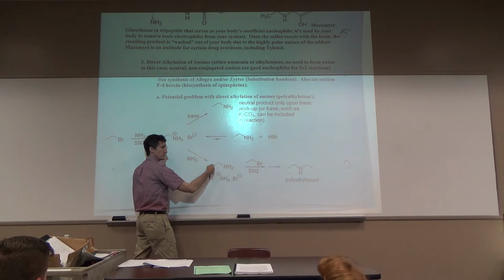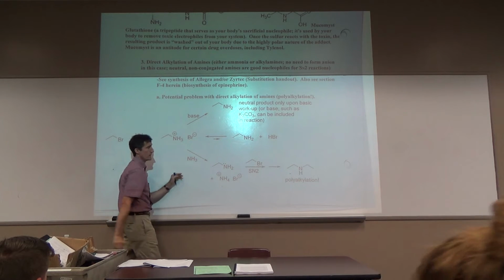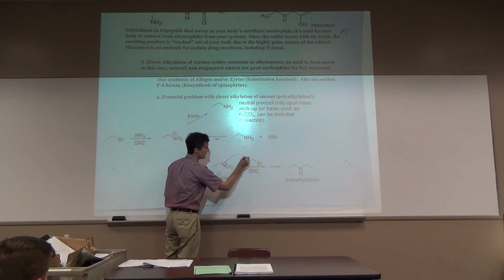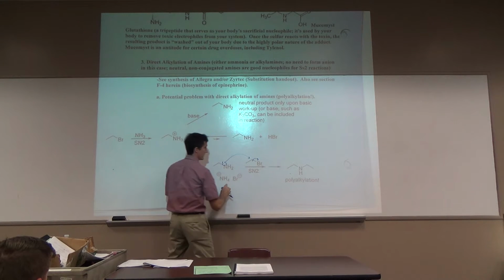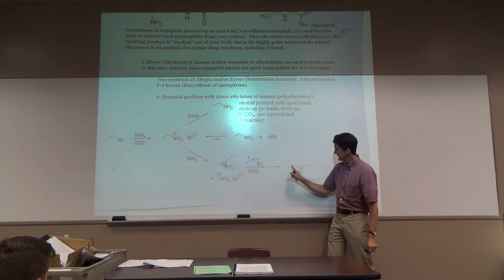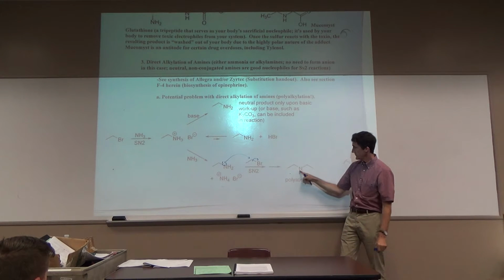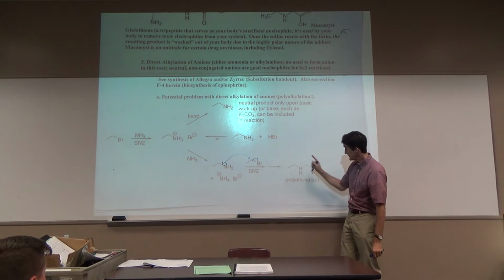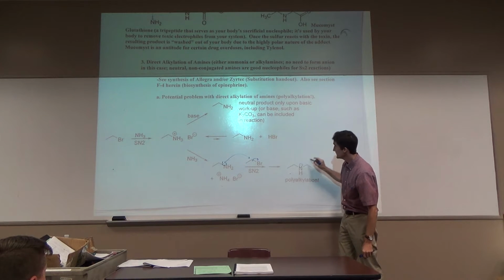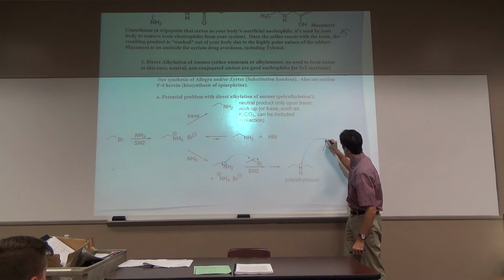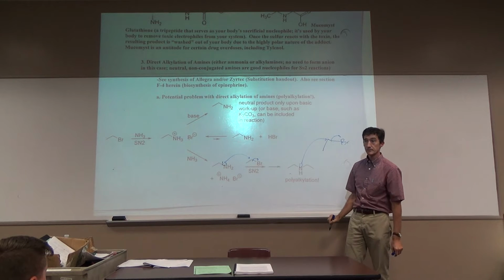But look at this. Once this is neutral, it's now a nucleophile again, and it can come in here and react again, and give an intermediate. Once you take the H from that intermediate, you can get this. This can actually keep going, because this can come in here and do it again.